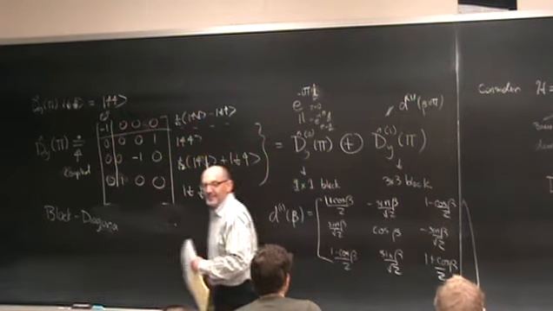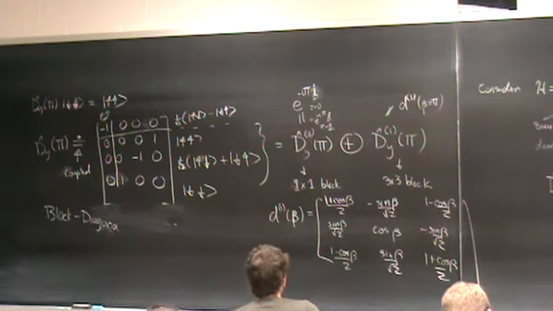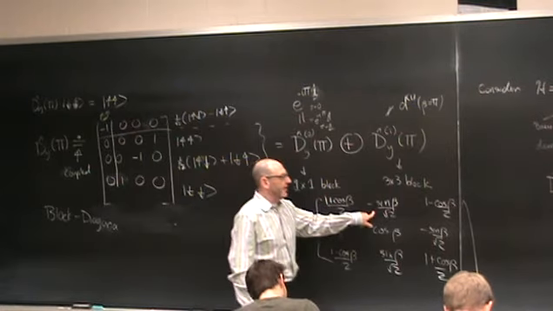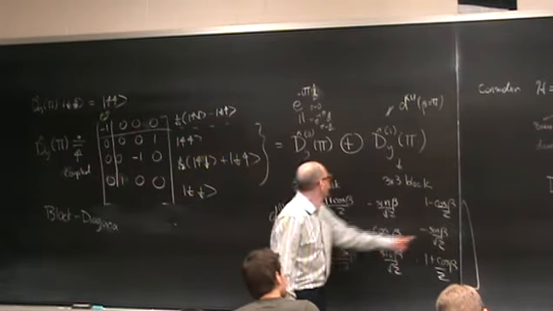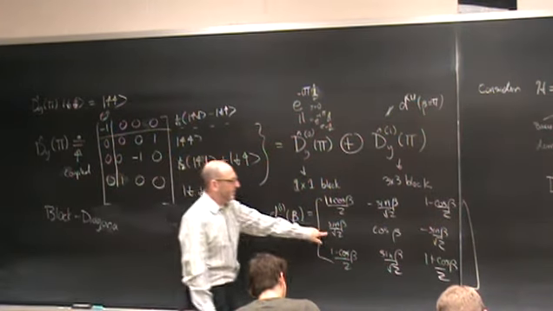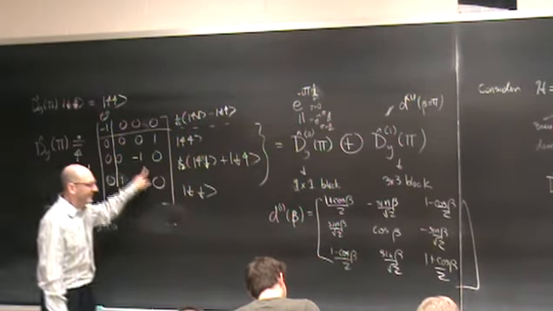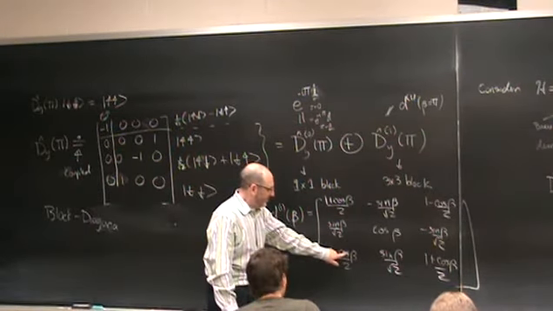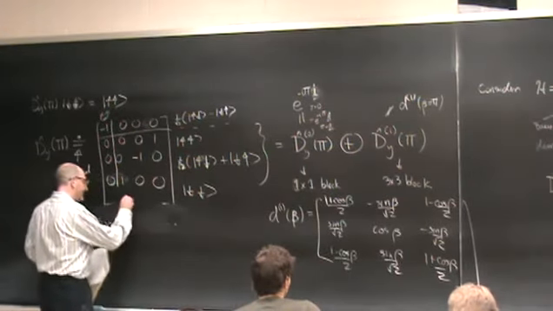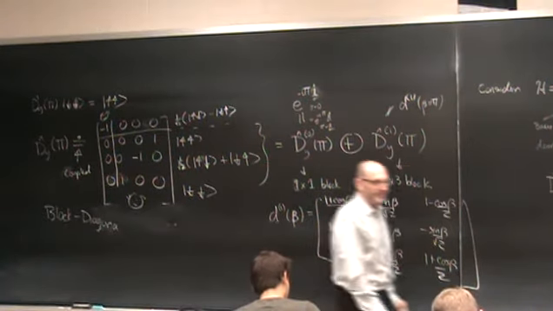It is what it is. Okay? And you plug in beta equals pi. 0, 0, minus 1. Yes. 0, minus 1, 0. Yes. 1, 0, 0. Yes. Okay, so it works.